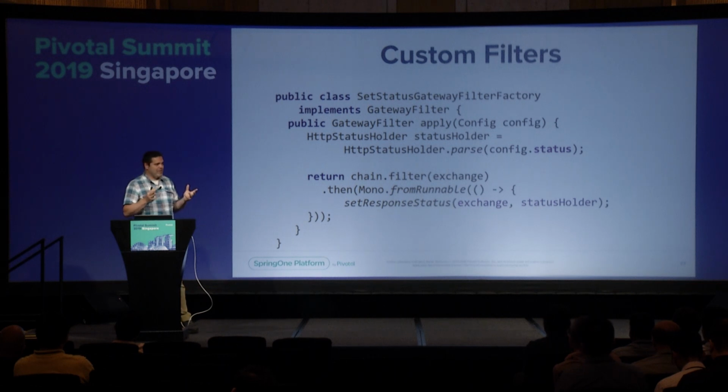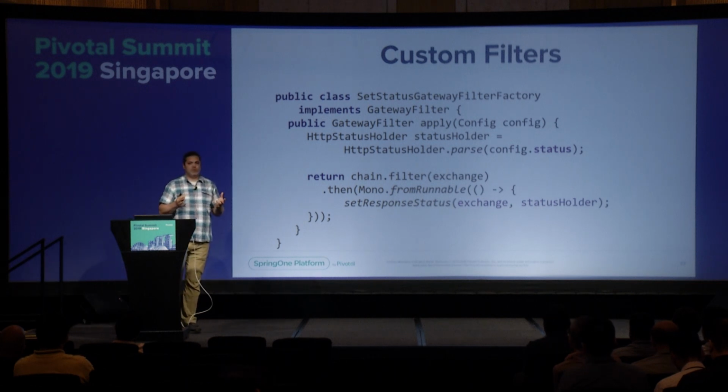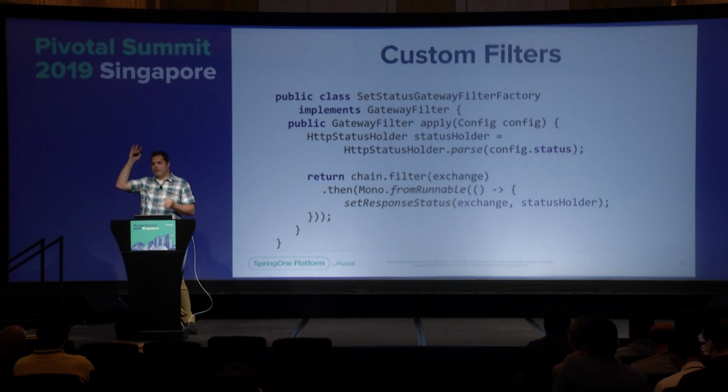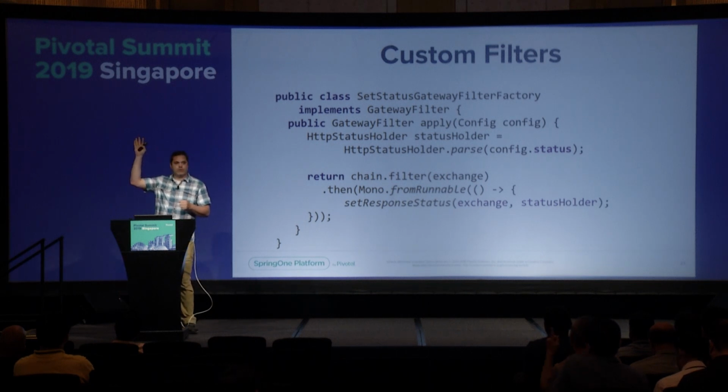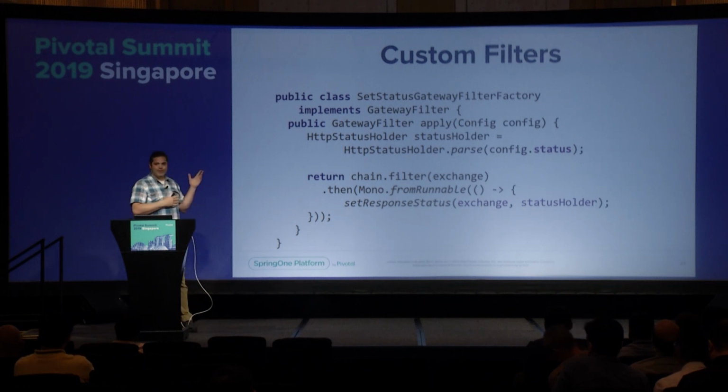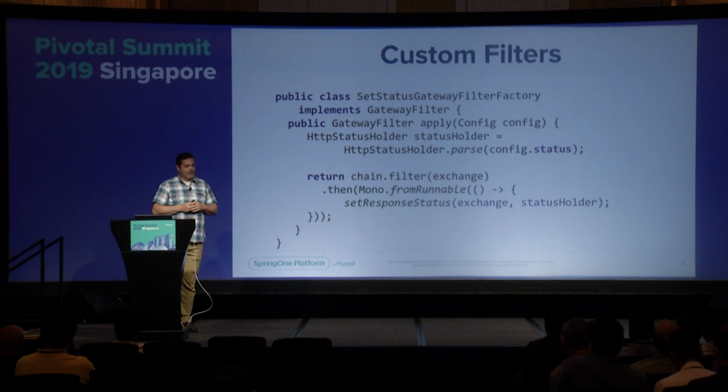So Gateway was designed with user experience in mind. So how many of you have heard of Zuul? Few of you, right? You may be wondering, why didn't we do Zuul 2 instead of Gateway?